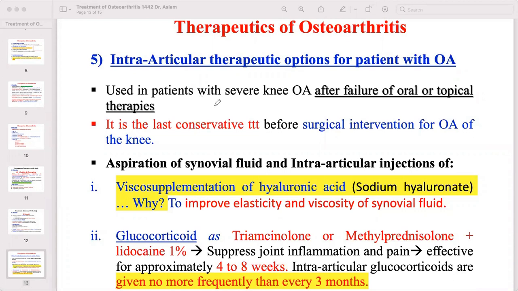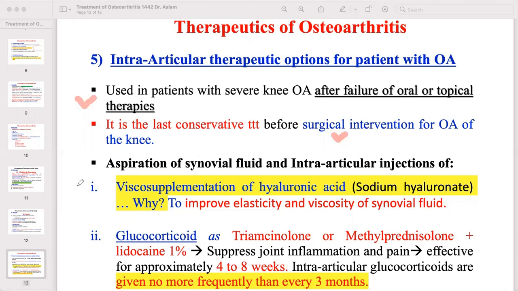Useful in the patient with severe knee osteoarthritis after failure of oral or topical therapies. It is the last conservative treatment before surgical interventions for osteoarthritis of the knee.